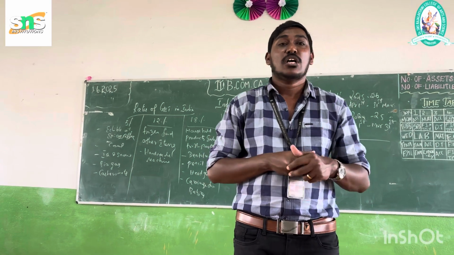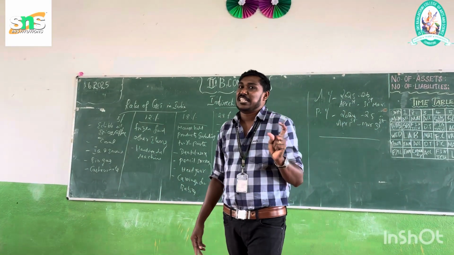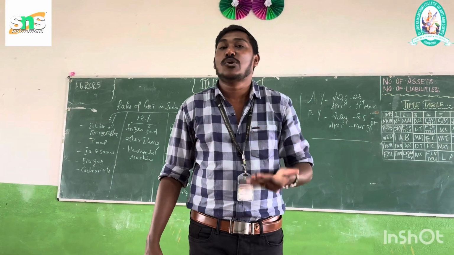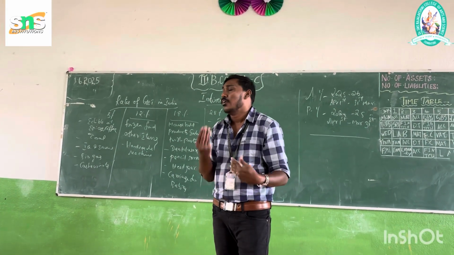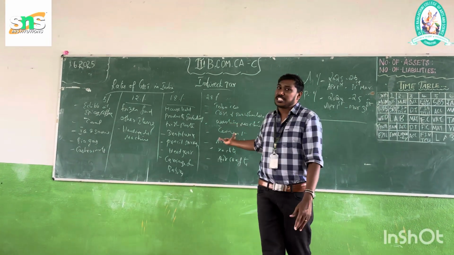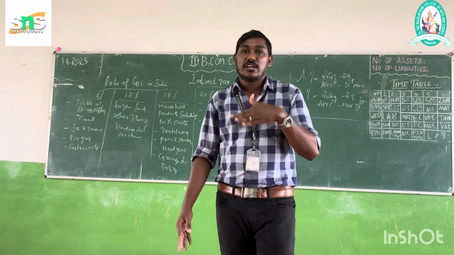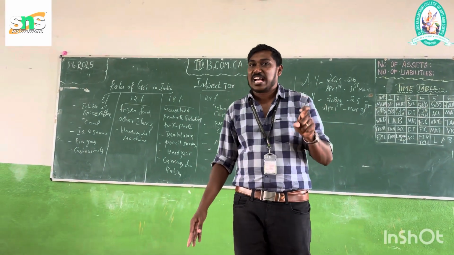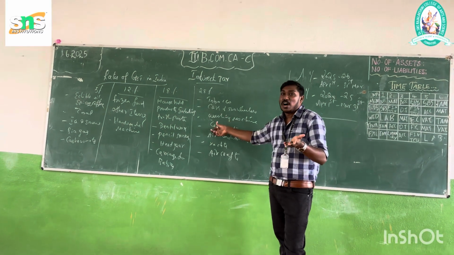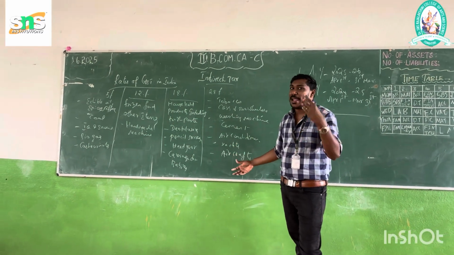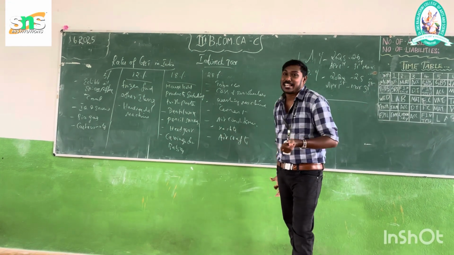And the last one is 28% of GST. What do you mean by 28% GST? We are paying it for the luxury products we consume, for example tobacco products, wines, alcohols. And then cars, two-wheelers, washing machines, cement, paints, air conditioners, yachts, aircrafts.